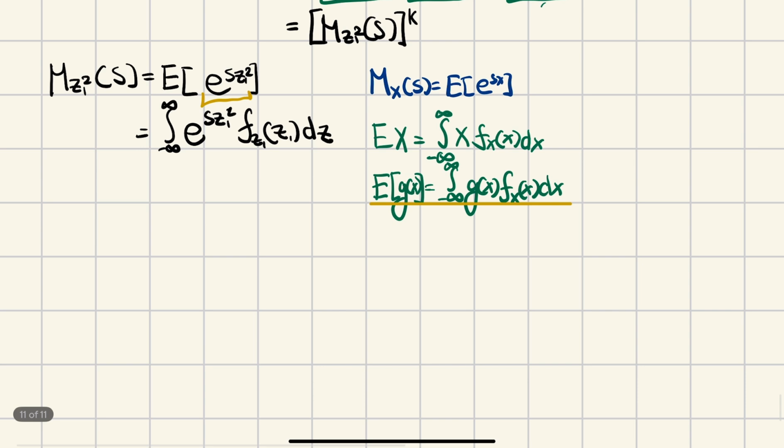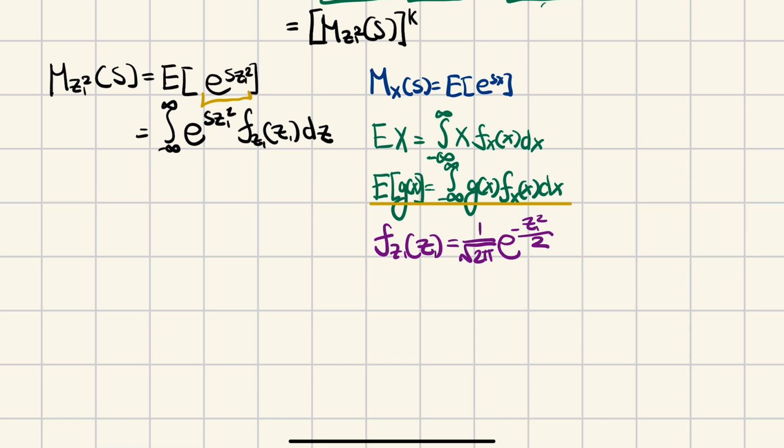the PDF of z1, if you forgot, equals 1 over root 2 pi times e to the negative z1 squared over 2.